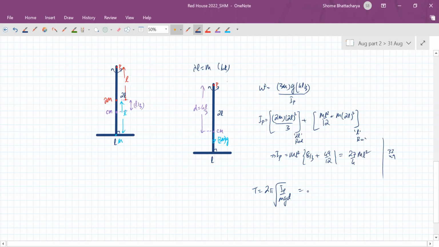Yes, sir. Okay. So square root of 27 by 4 ml square divided by 3m into g into 4L by 3. Just verify it, but 27 by 4 into 1 by 4.